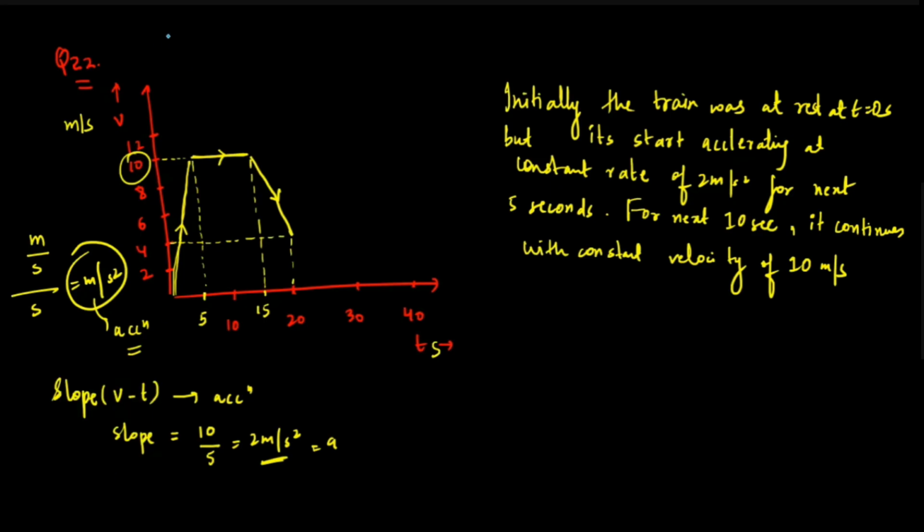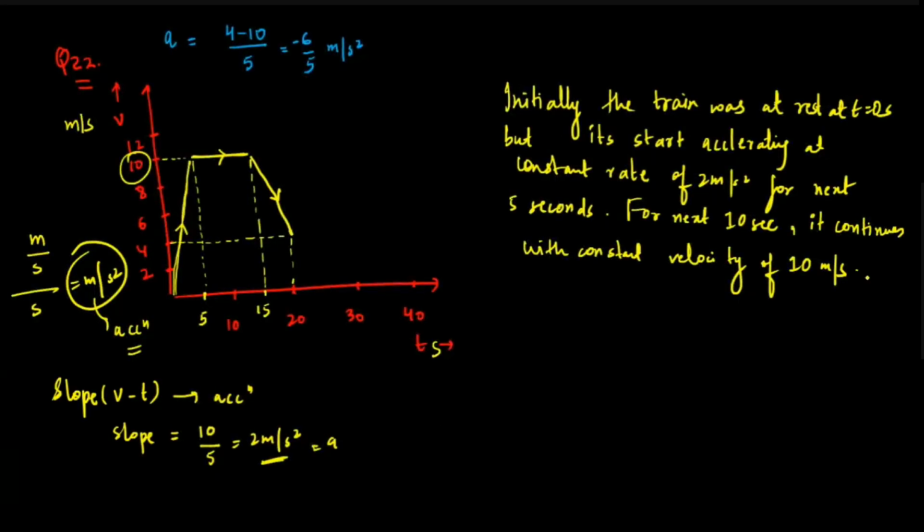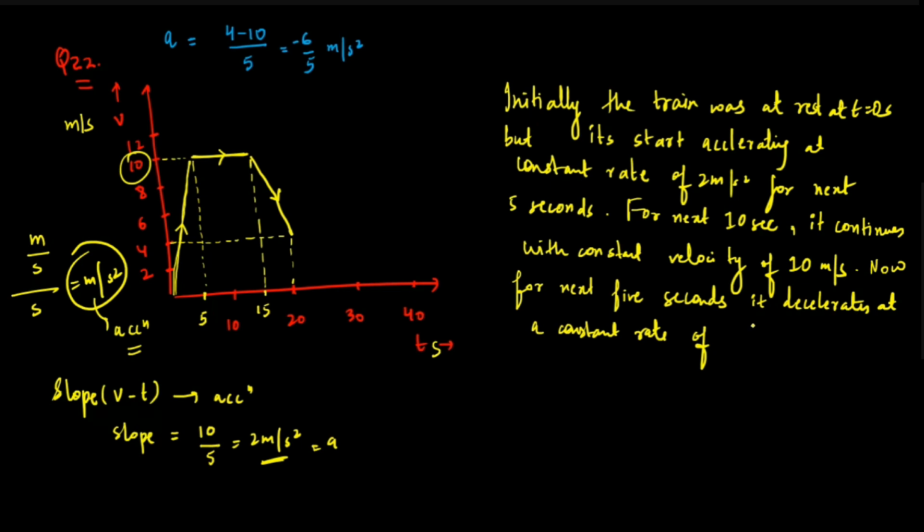And we will say that the acceleration in this part is going to be 4 minus 10 by 5, that is negative 6 by 5 meters per second square. So for next 5 seconds, it decelerates at a constant rate of 6 by 5 meters per second square, or you can also write 1.2 meters per second square.